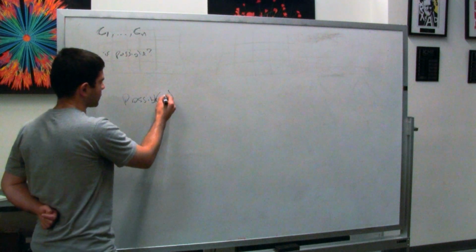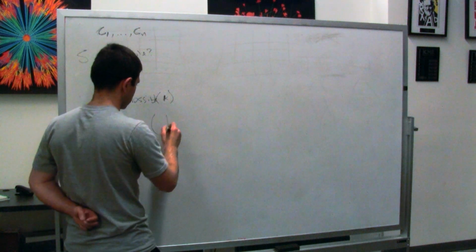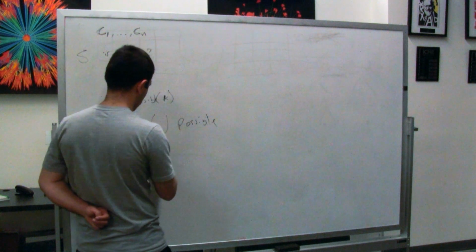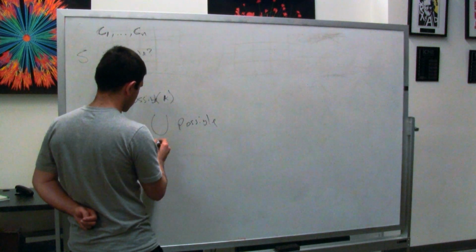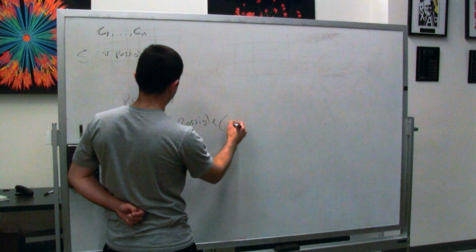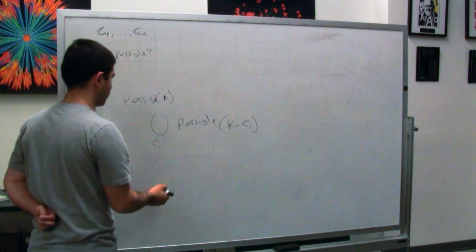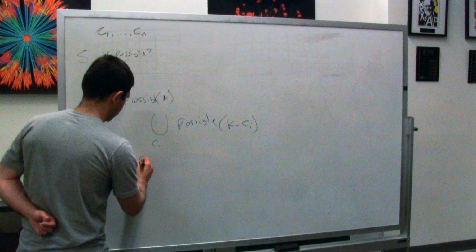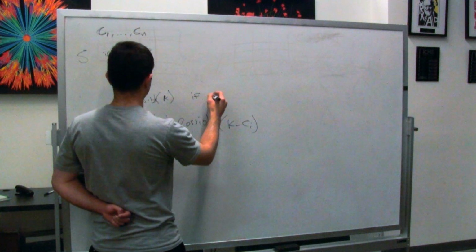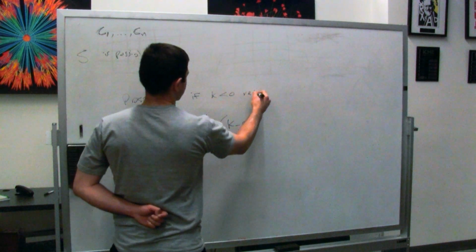It's possible to make some K if it's possible, union over Ci, to make K minus Ci. And first of all, if K is less than 0, return false.